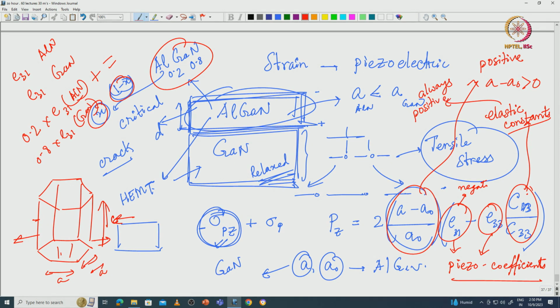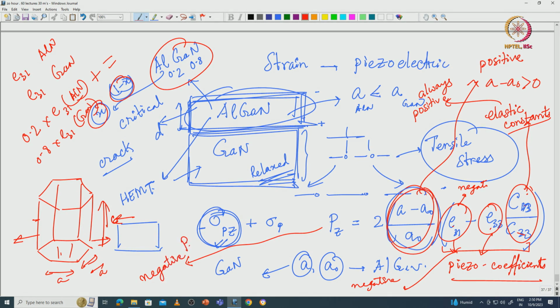So, you can see that E33 is positive, C13, C33 are positive, but E31 is negative, which means the term under the bracket is always negative, and this quantity is always positive. So, piezoelectric polarization for AlGaN on GaN with tensile stress, or any material on any other material for the III-nitride family with a tensile stress, will lead to a net negative piezoelectric polarization.